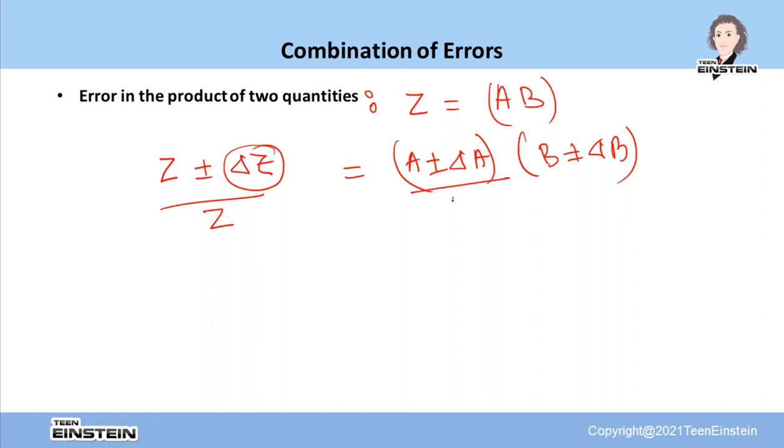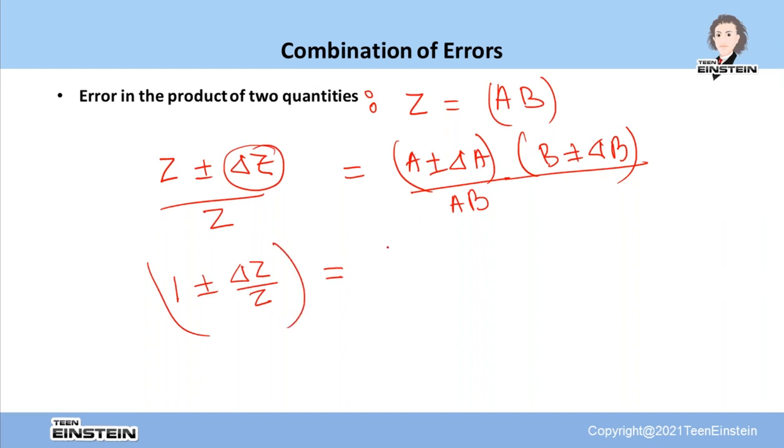Z means ab here. I hope it is going okay. So look here, you will get plus minus delta z by z.